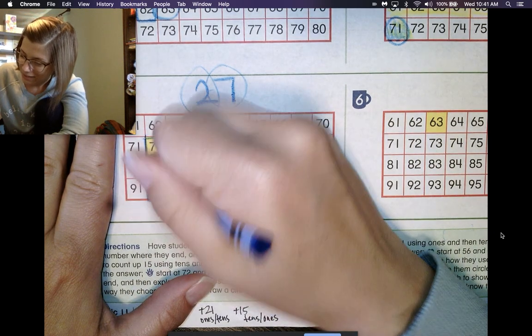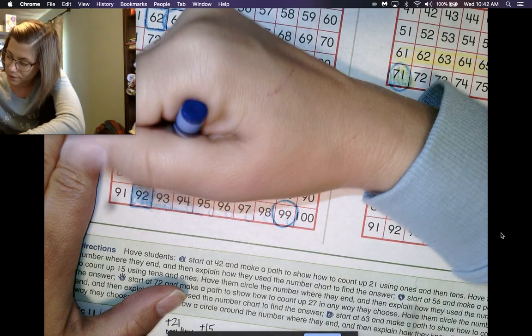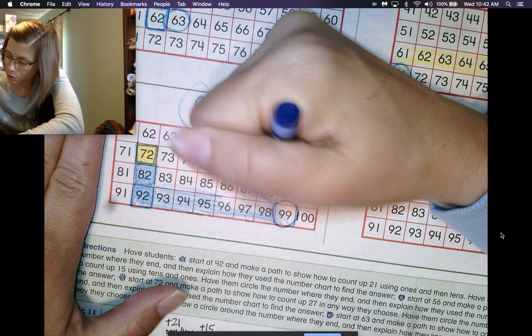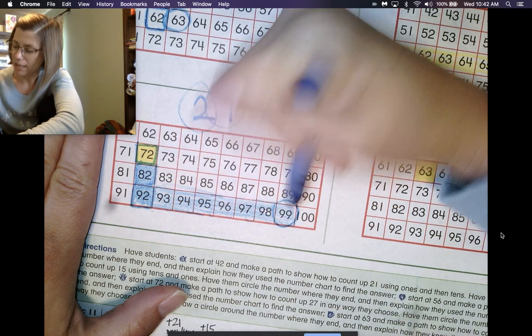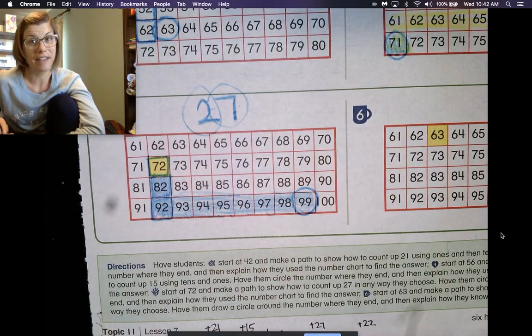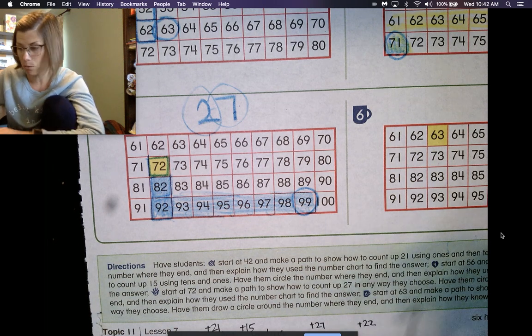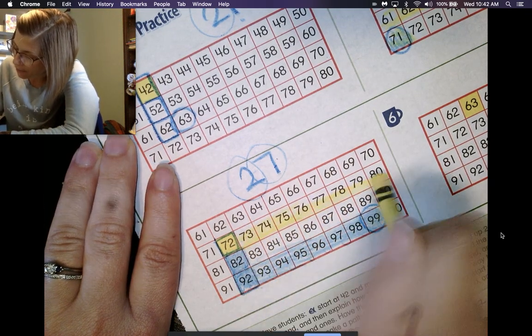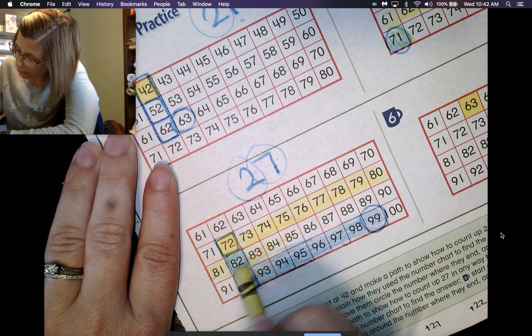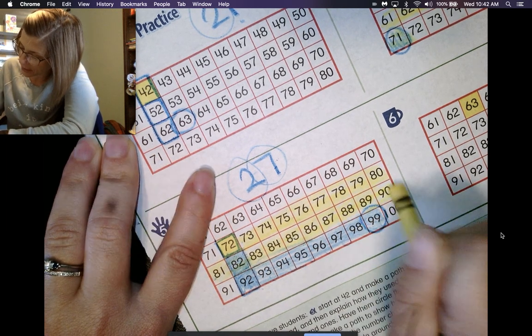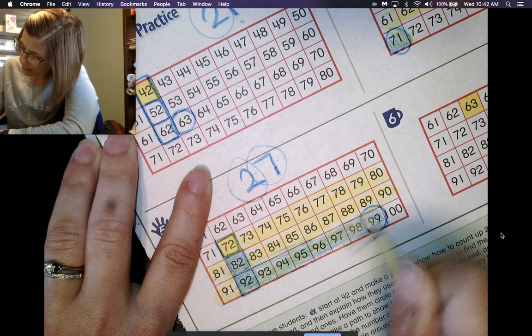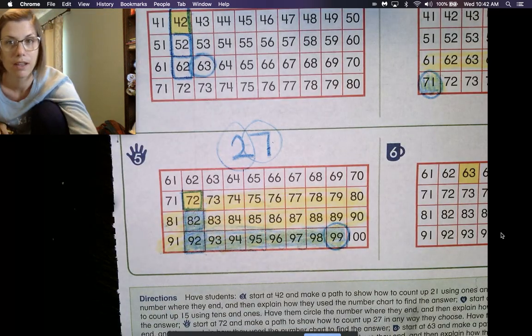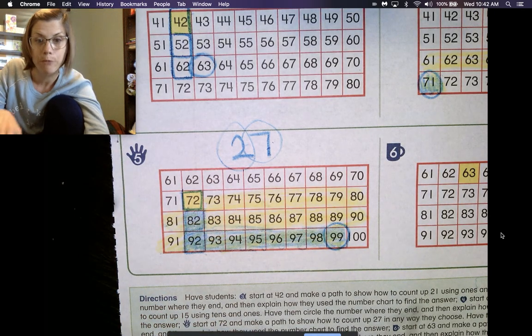And look, we just needed to move this much. That's a lot faster than if we were counting by ones. We would have had to count all of these. Look at all of these numbers that we got to skip because we know how to count by tens.